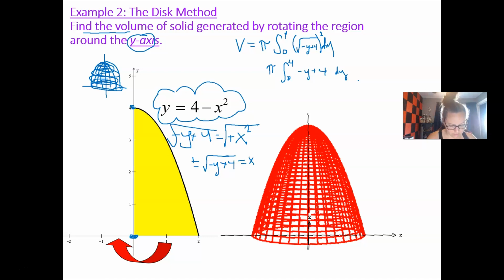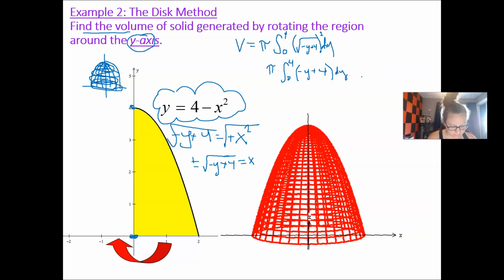So I'm going to put the integral, and actually I'm going to put the pi in front of it this time so I don't forget. So I have pi from 0 to 4 of, in Desmos, you make sure you put the parentheses around your function, okay?